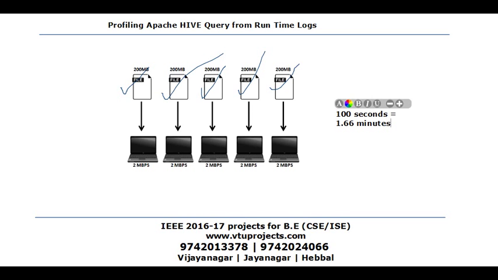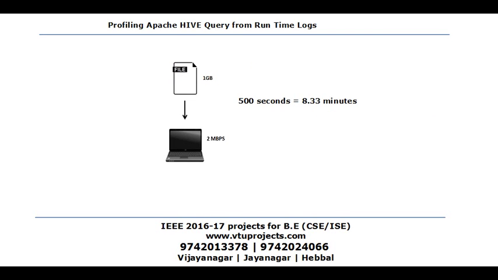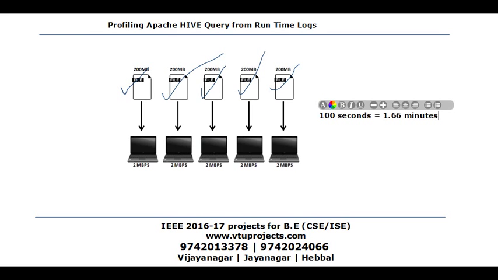Remember, all these 5 laptops will be operating in parallel, so the overall time taken will still be 1.66 minutes. Compared to the previous approach where it took 8.3 minutes to copy the 1 GB file, in this new approach it took only 1.66 minutes to copy the same amount of data.